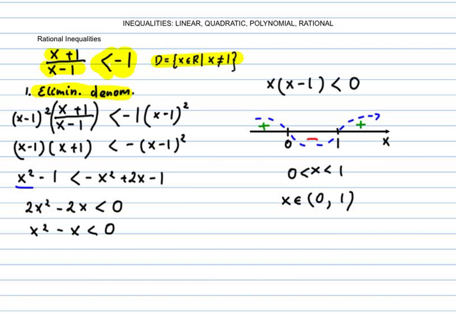So bring that negative 1 x squared to the left side. So this is why you have 2x squared. Then you have a linear term, positive on that side, negative on the opposite side. And negative 1 and negative 1 cancel each other out, same value. So this is why you have 2x squared minus 2x is less than 0.